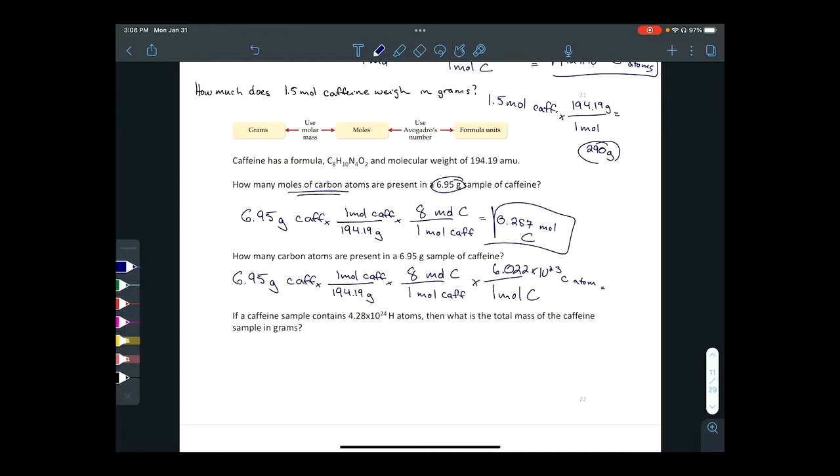So in this slide, we are starting with the mass of the sample. We need to use molar mass to get to moles, and then go on further to think about how many atoms are there. And so the answer here is 1.73 times 10 to the 23 carbon atoms.